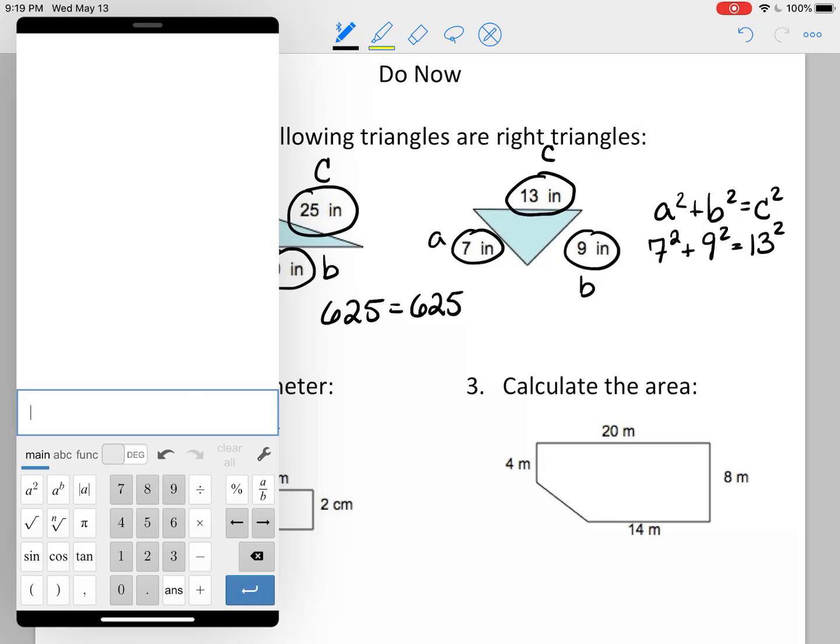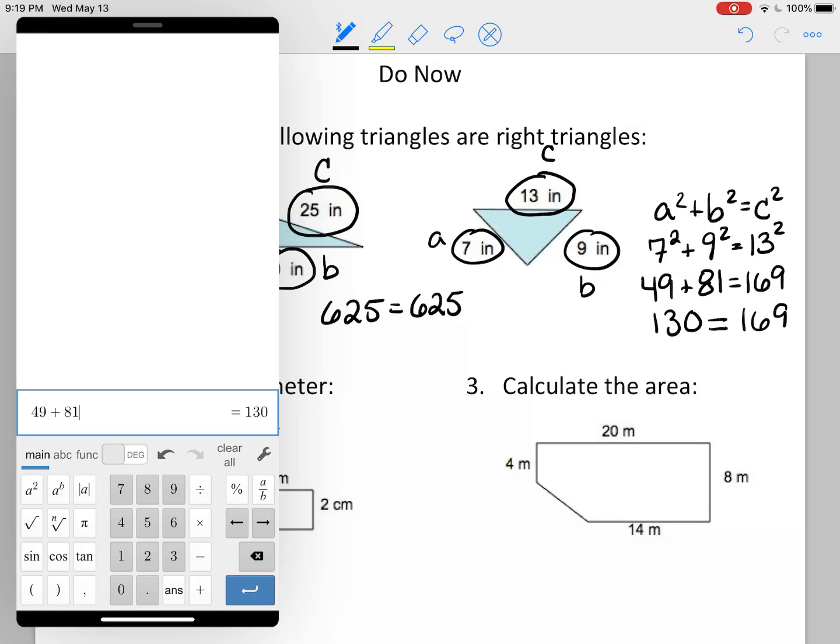Now we start simplifying. 7 squared is 49. 9 squared is 81. And 13 squared is 169. We want to simplify the left, so 49 plus 81 is 130.